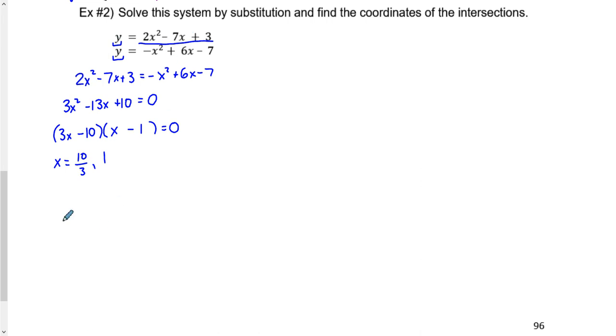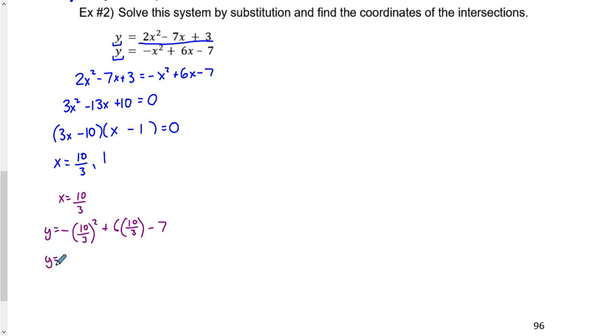Now to find out the coordinates, it doesn't really matter which equation we use. It might actually be a little bit nicer plugging into the bottom one. So if x equals 10 thirds, y is a negative 10 thirds squared, add 6 times 10 thirds, subtracting 7.